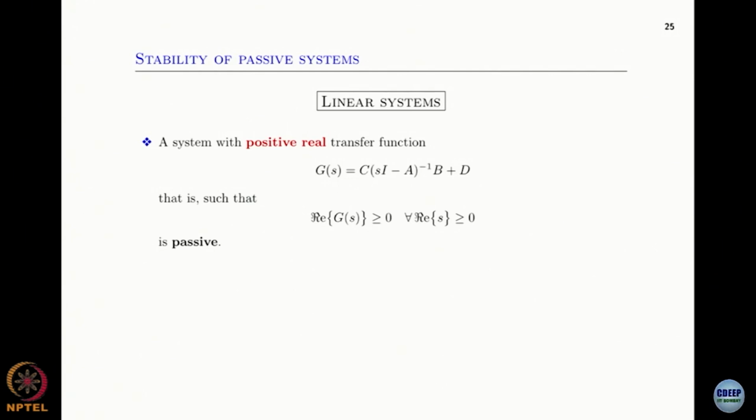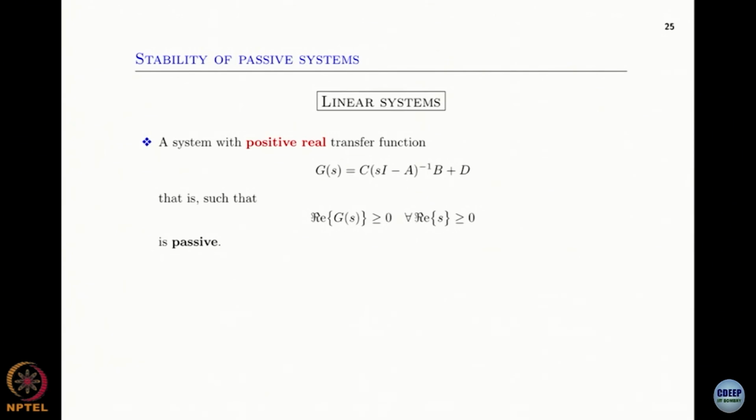So in linear systems, we have this concept of positive realness, which I believe was introduced by Popov, a Romanian mathematician, who studied a lot of linear equations and was figuring out properties of these linear equations.